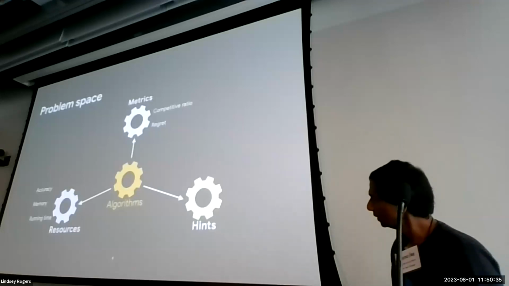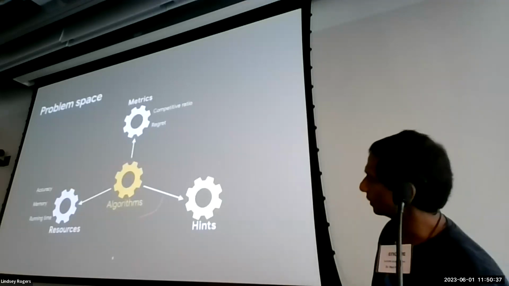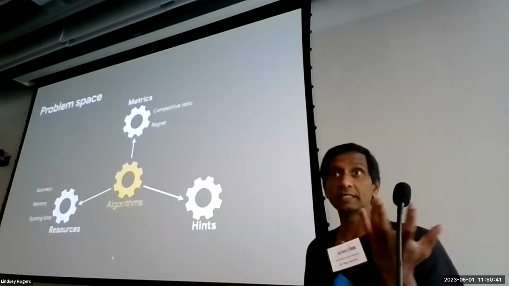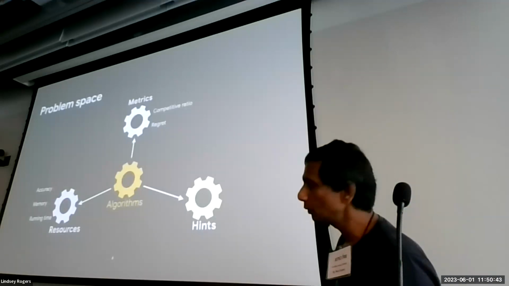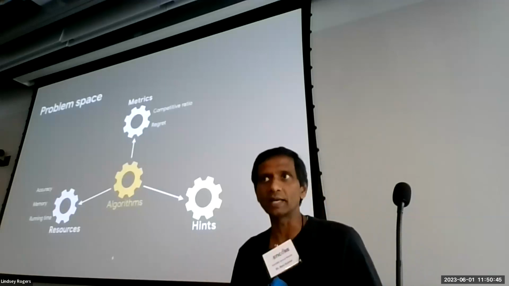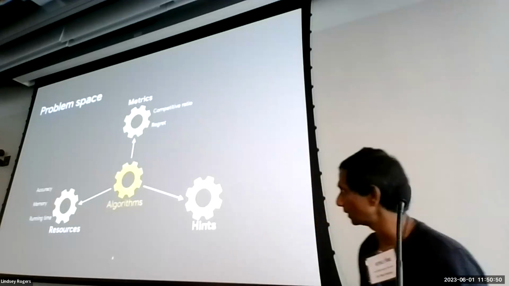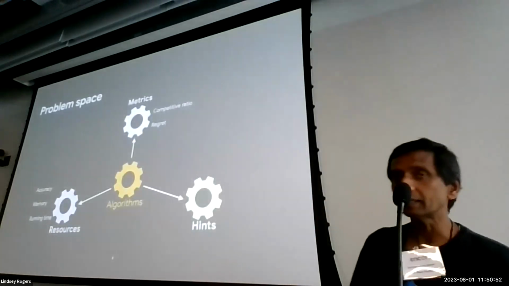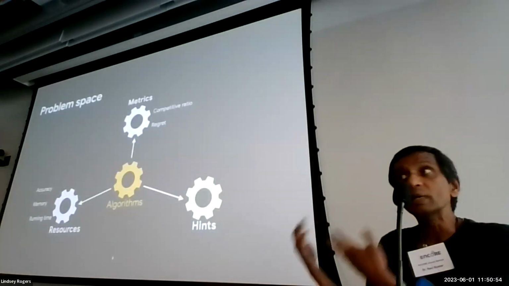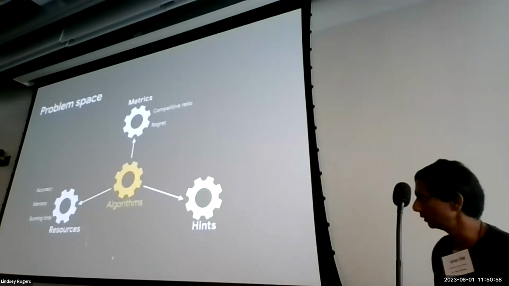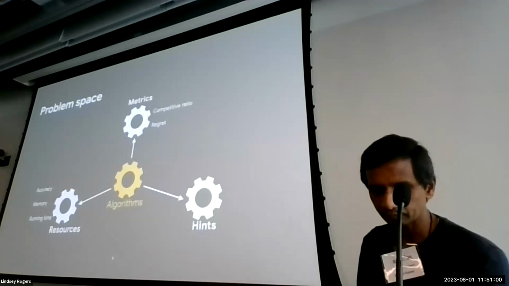Next is resources. You can design online algorithms or learning-augmented algorithms to improve the accuracy of an existing algorithm, or to reduce the amount of space it requires. For example, if you are familiar with streaming settings, that's a measure of importance. Or you want to improve the running time of the algorithm. Maybe by knowing something about the future, you can make the algorithms run faster. You're trying to optimize certain resources.